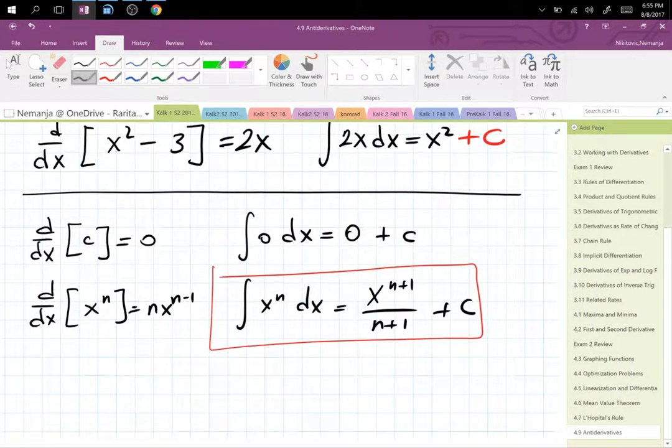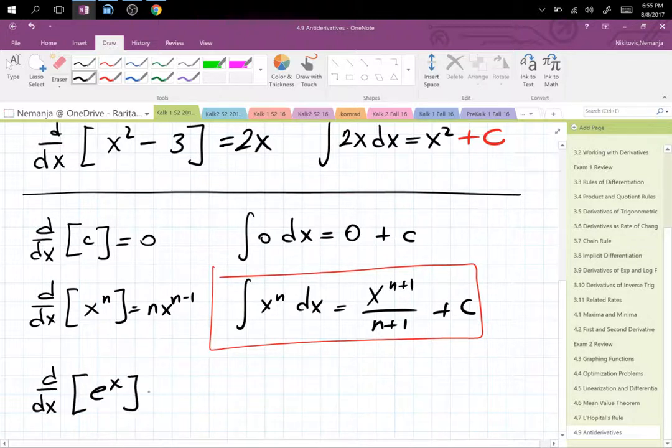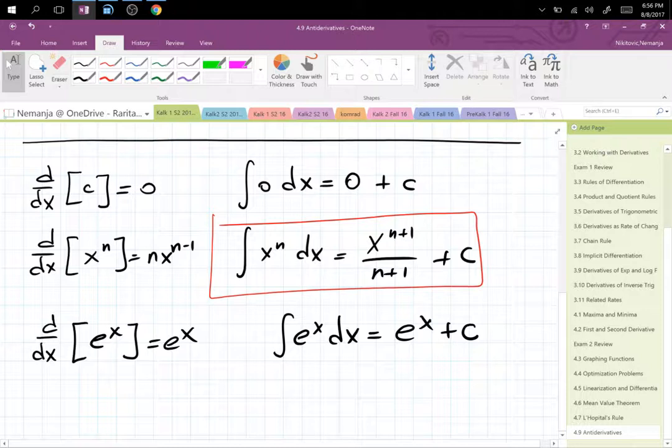But the rest is exactly what you covered so far, just backwards. What is the derivative of e to the x? So what's the integral of e to the x dx? Now, guys, I will discuss tomorrow and on Thursday why you must have dx here every time.